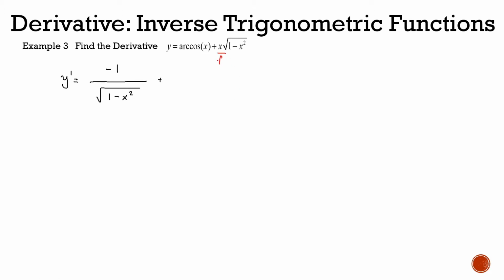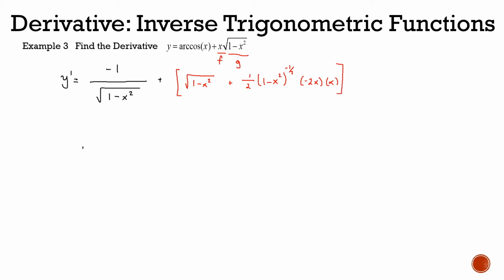So this is f, second part is g. So if you take the derivative of x times radical 1 minus x squared, you should get radical 1 minus x squared plus 1/2 of 1 minus x squared to the negative 1/2 times negative 2x times x.